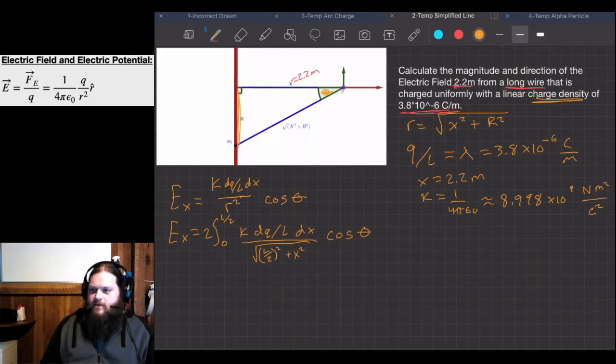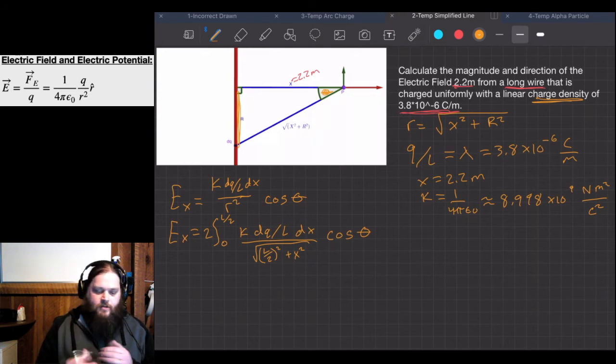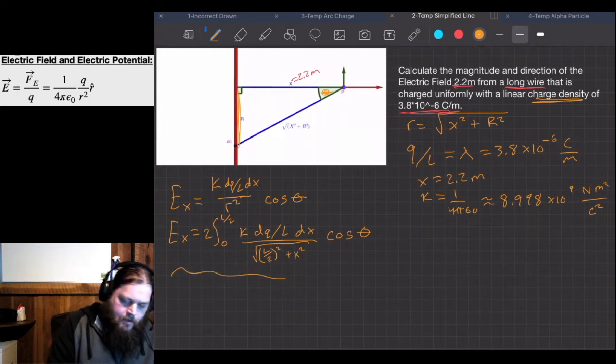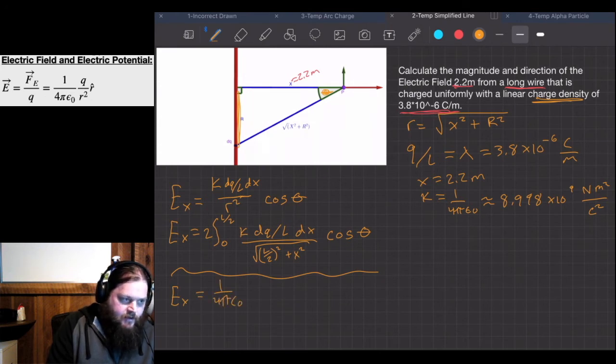I'm not going to go through all of the derivations because there's a good video that your teacher has done on your Cogbooks platform that goes through all of the calculus. We're going to save time for a couple other problems. At the end of the day, it is equal to 1 over 4 pi epsilon naught, and we have our lambda times L over x, times 1 over the square root of x squared plus L squared over 4.